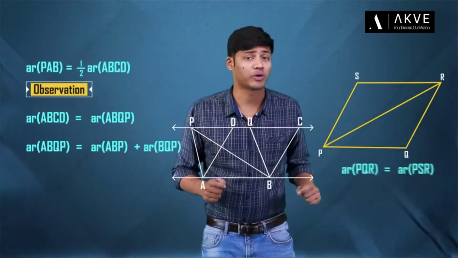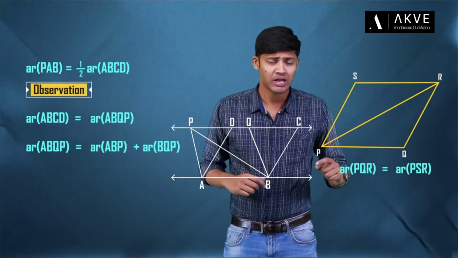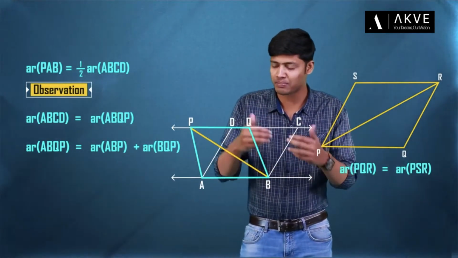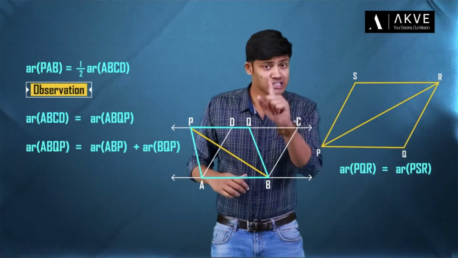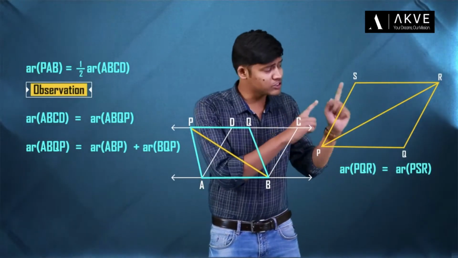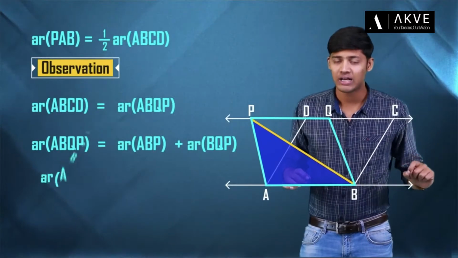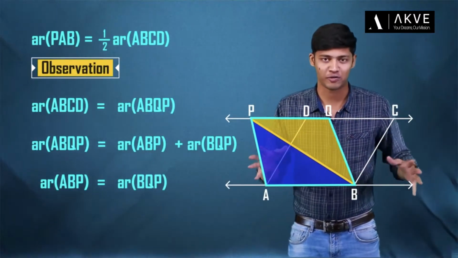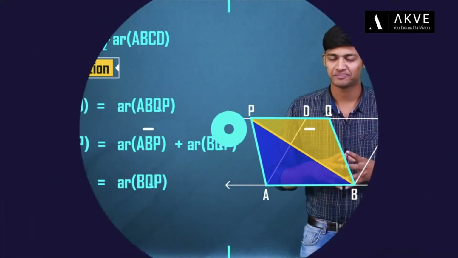Now comes the importance of this property. Here we can clearly see that BP is a diagonal in the parallelogram ABQP. Since BP is a diagonal, from this property we can conclude that the area of the triangle ABP is equal to the area of the triangle BQP.